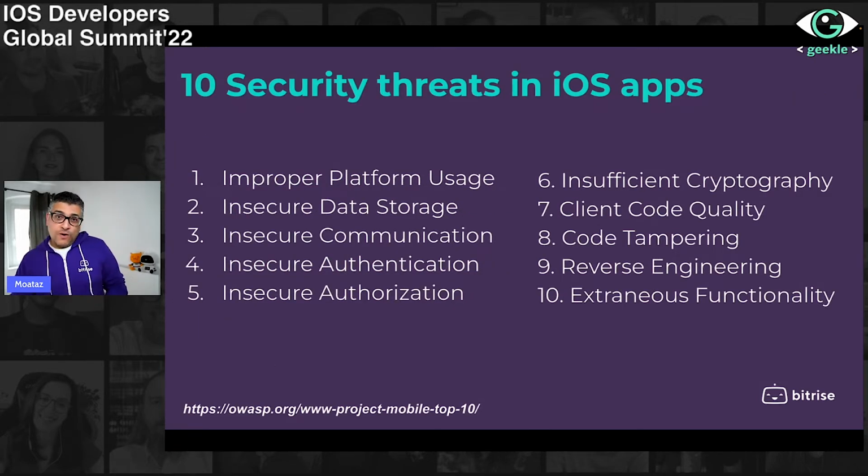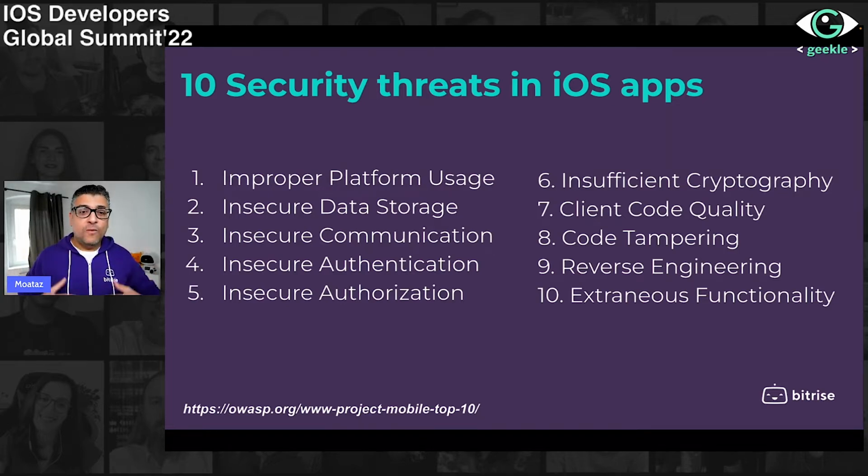Now, based on the OWASP Mobile project, OWASP is an organization and open source project that takes care of security, helping companies and developers understand the security standards, how they can test their applications, and the standards for security testing at each stage.